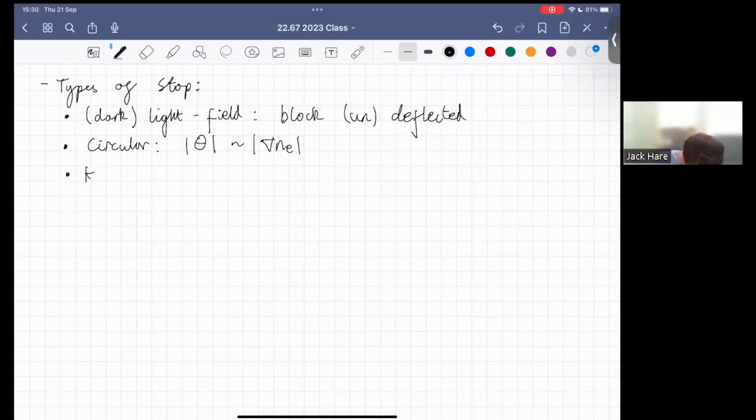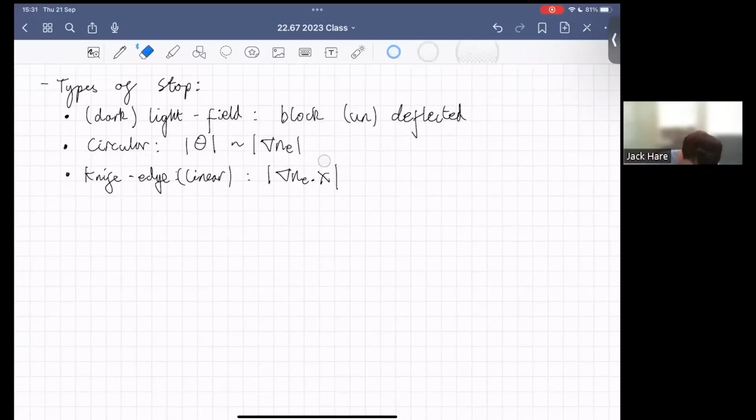Or we could have what's called a knife edge, which is linear, like this, and that is sensitive to density gradients in only one direction, and it still cares about the size of the density gradient. I'll write that as x hat here.